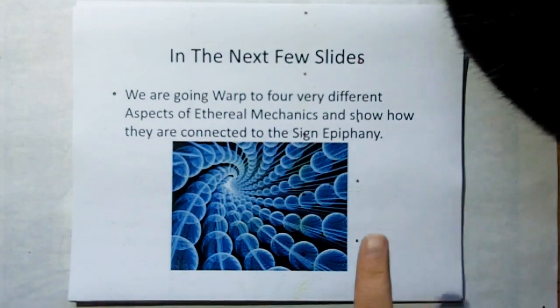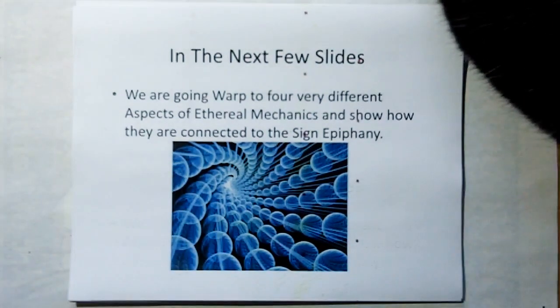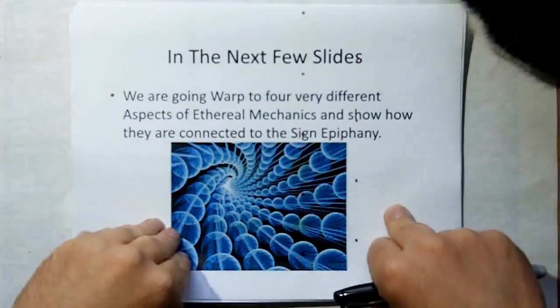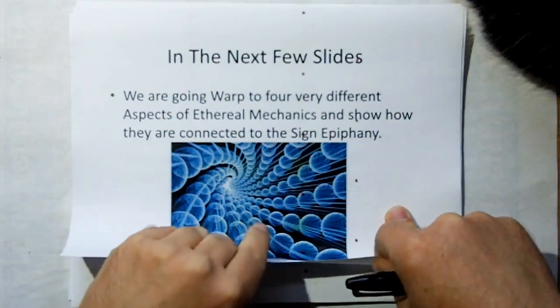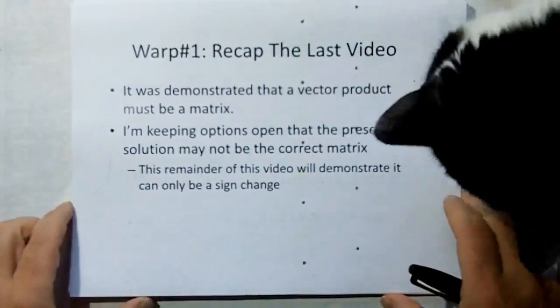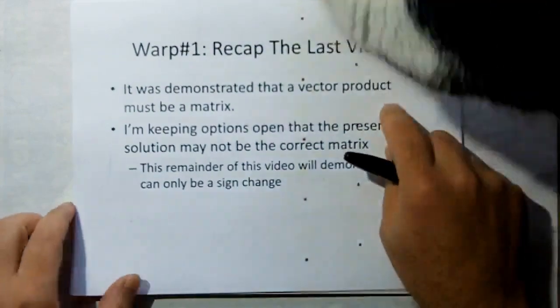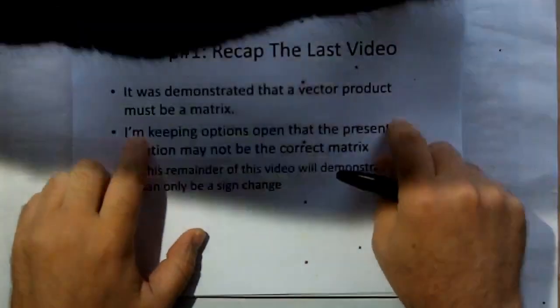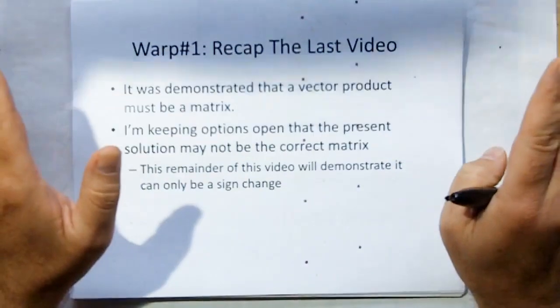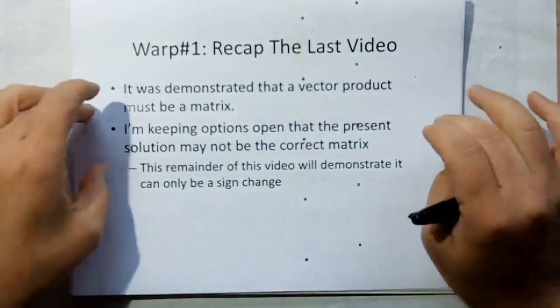What I'm going to do is warp between four different aspects of videos you should have already seen before, and some things I know you haven't seen before. So from the last video, we demonstrated the vector product has to be a matrix. Has to be. There's no other way to rotate a vector than with a matrix.